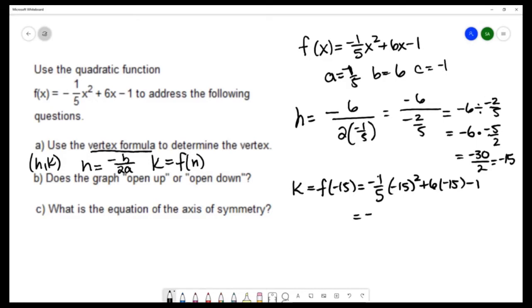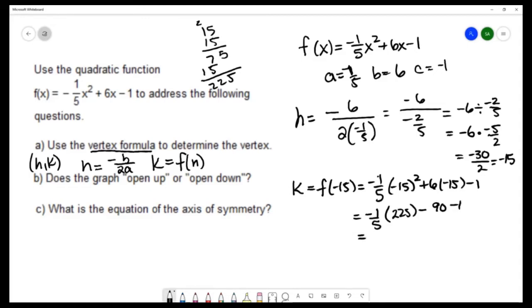I have negative 1/5 times 15 squared. So we've got a positive 225 for negative 15 squared, and then 6 times negative 15, that's going to be a negative 90, minus 1.